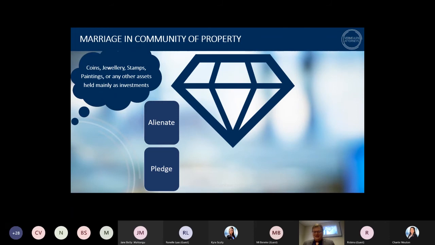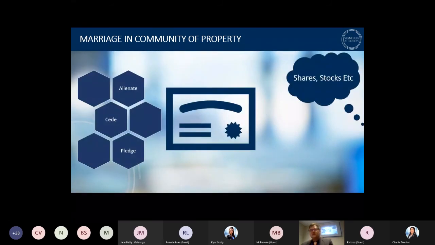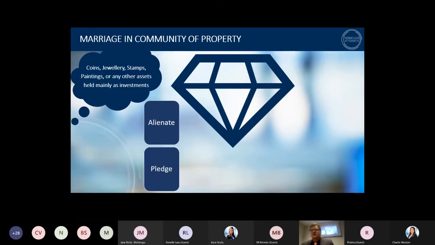It is unfortunately something we see quite a lot, because these are emotional purchases or emotional items. So be aware that you cannot alienate or pledge these types of items. They are always tangible items. As per this one, that's why the word cede does not feature as it features in terms of the preceding paragraph in terms of shares.